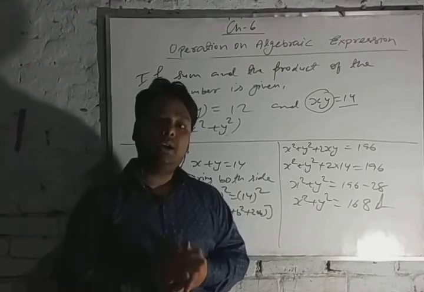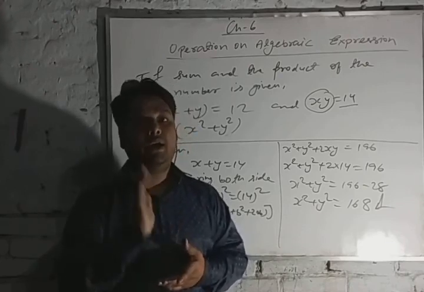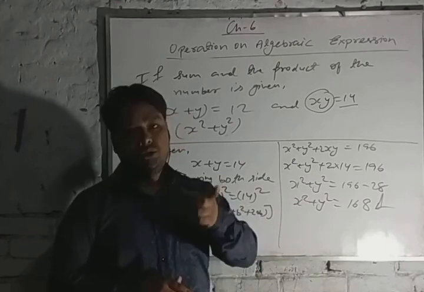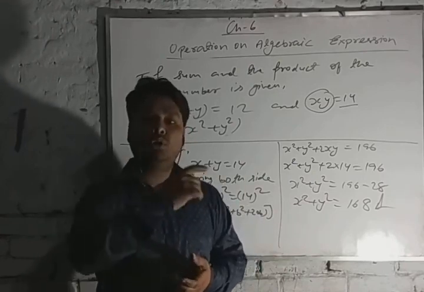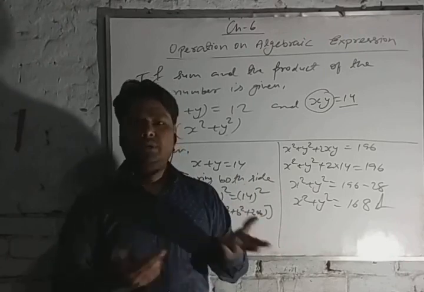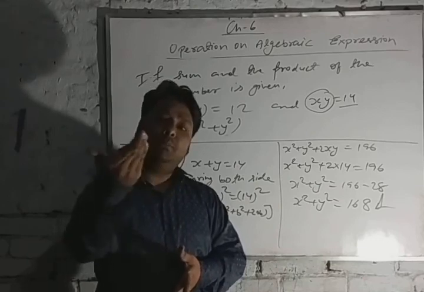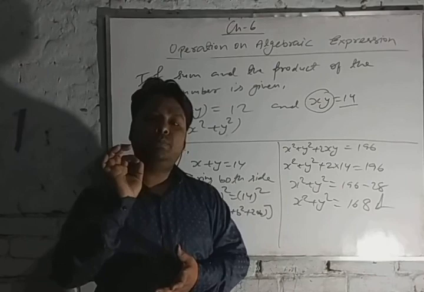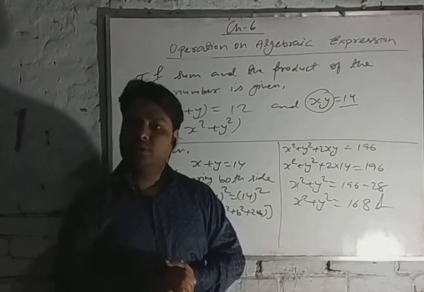But if you are multiplying or dividing, then it is necessary to multiply the constant term and the variable both. To multiply the constant term is very easy. But to multiply the variable, we will use laws of exponents.